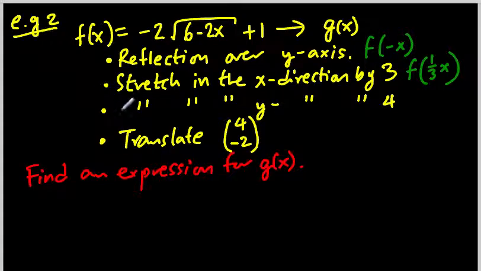And then a stretch in the y direction by 4 is going to be 4 times f of x. What I've written here in green is not going to become relevant now, but in our final step, when we're trying to find an actual expression for g of x, that's when this will become important. So anyways, let's start step by step into finding g of x.